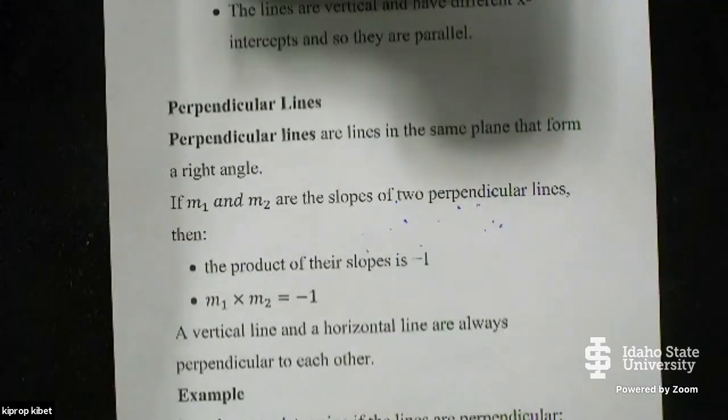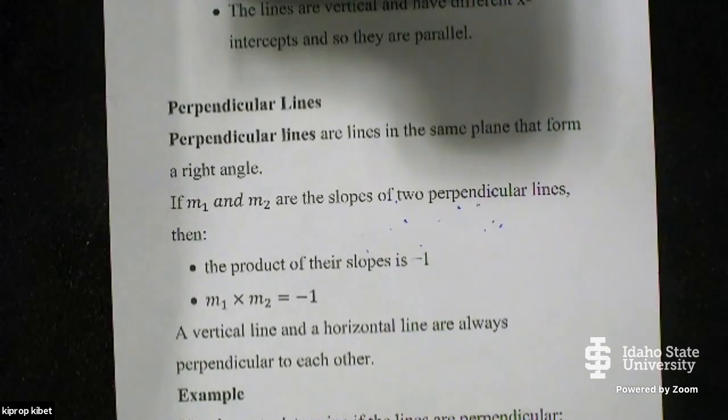So the vertical lines and the horizontal lines are always perpendicular to each other.